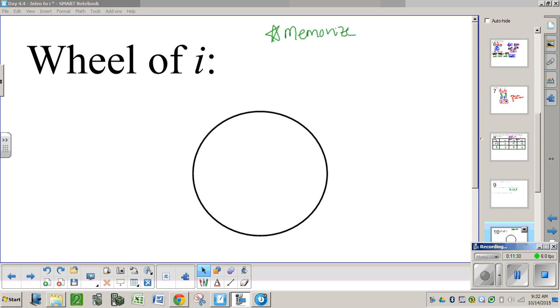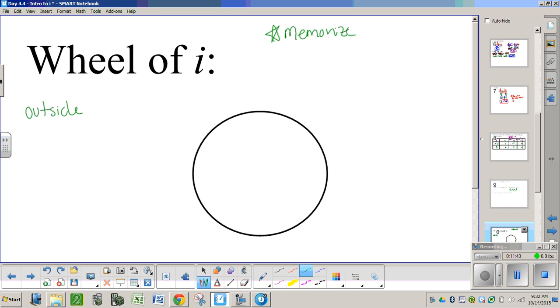As I create this wheel of i, you're going to want to make sure that you're able to memorize this. Around the outside of your wheel is the remainder. You'll see what I mean in just a minute.